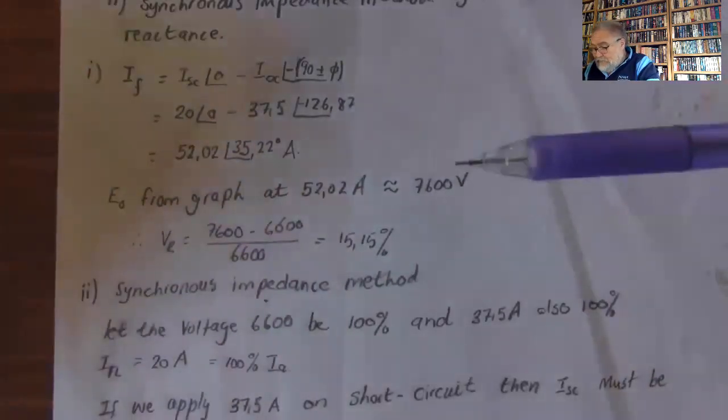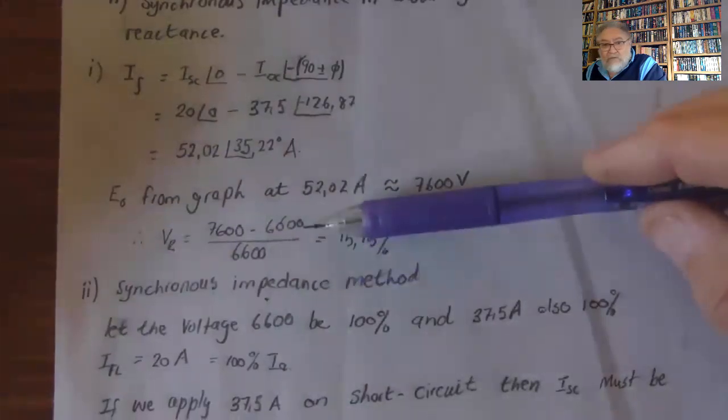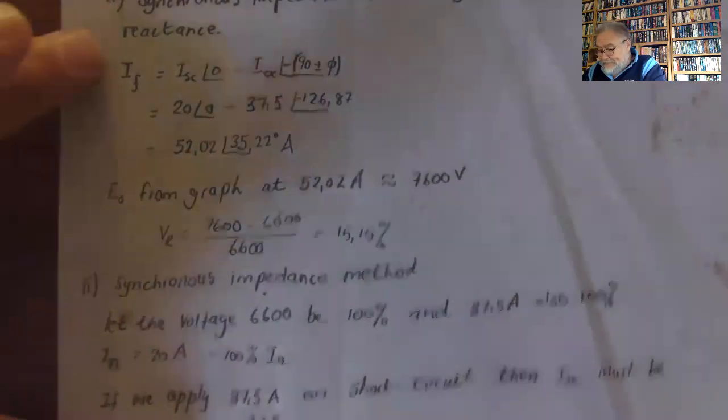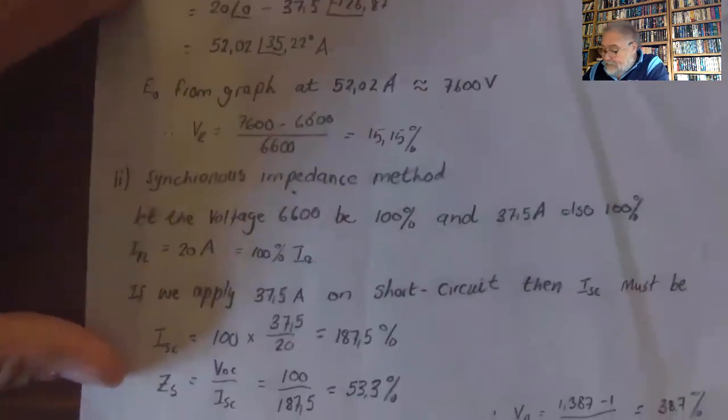And therefore, the voltage regulation is 7,600 minus 6,600 divided by 6,600, which gives us 15.15%. Now, in this instance, you could have used the line voltages as it is or convert it to phase voltage. Doesn't really matter.